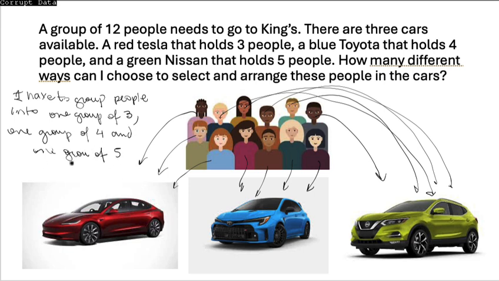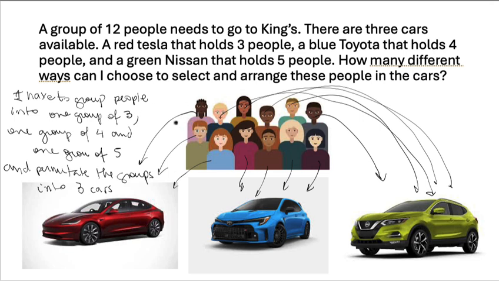And then I will have to take these 3 groups and arrange them into the 3 bins. So I will have to permutate the groups, okay? And arrange or permutate into 3 cars. So this is the problem, okay?